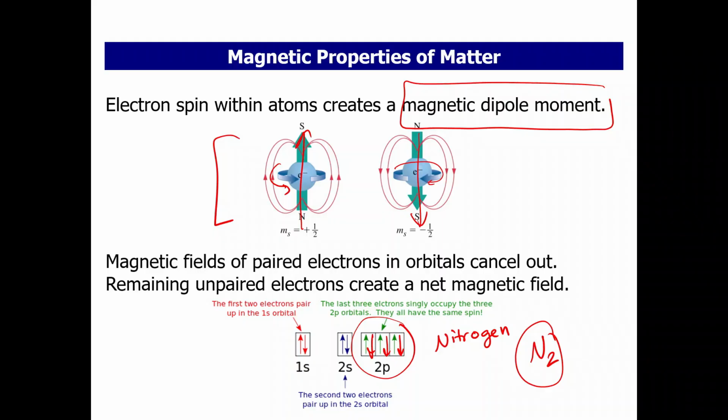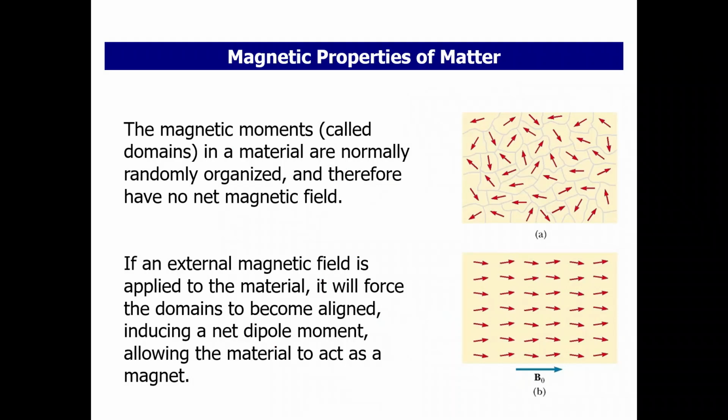It's these unpaired electrons that create the net magnetic field. So the more unpaired electrons there are in a material, the stronger the magnetic field is going to be. These unpaired electrons, these magnetic moments, are also called domains. And in a regular material, they're normally random. Think about it: those electrons are moving around randomly in all directions.